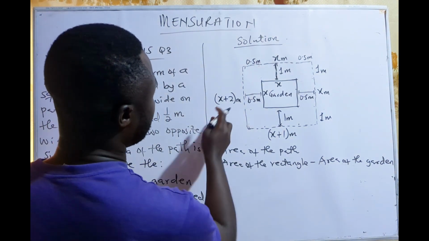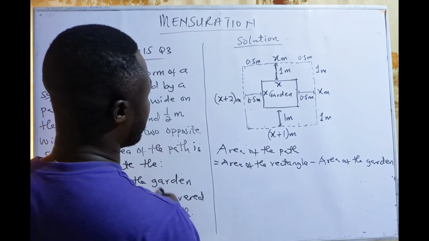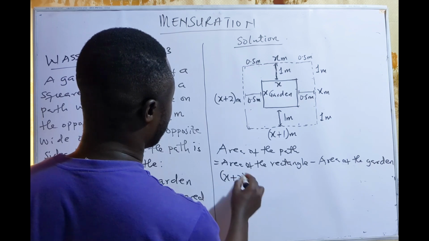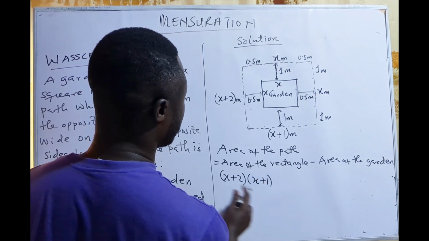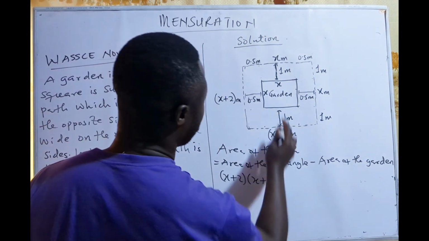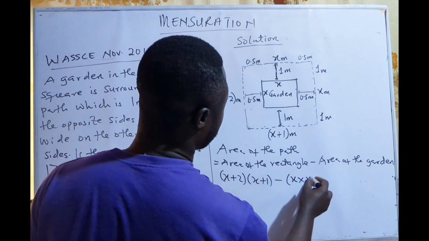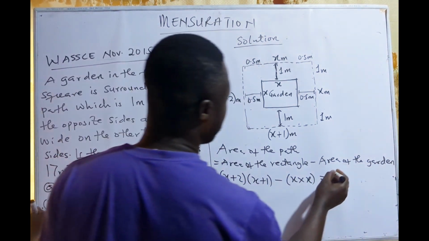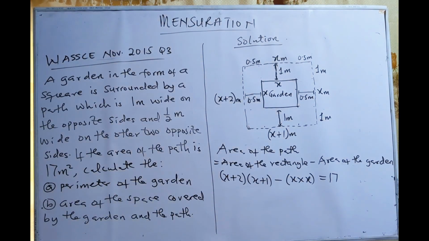Area of the rectangle is the length times the width. So you multiply these two: x plus 2 times x plus 1. This is the dimension. Minus area of the square, x times x, equal to 17 meters squared. So that will be the area of the path: area of the rectangle, everything here, minus the area of the garden.